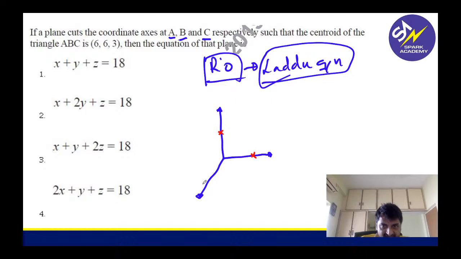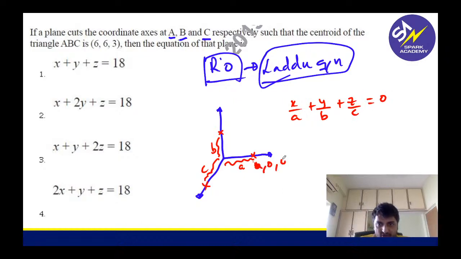The X-axis it is cutting, Y-axis it is cutting, Z-axis it is cutting, right? I can write these as A, B and C, or in other words they are intercepts, right? So I can say X by A plus Y by B plus Z by C equals 1. Now tell me, guys, this point will be A comma 0 comma 0. This will be 0 comma B comma 0. This will be 0 comma 0 comma C.